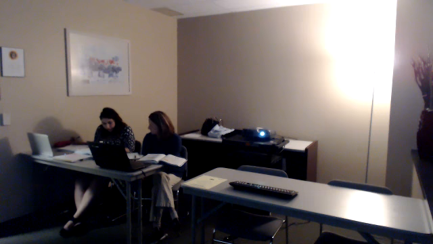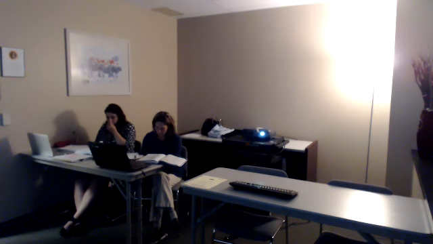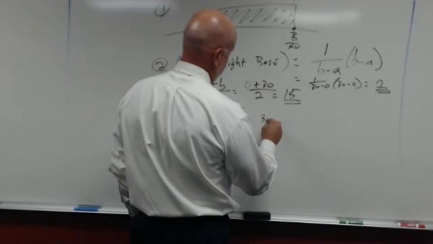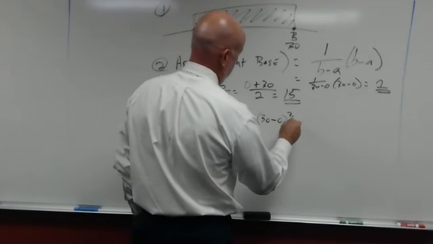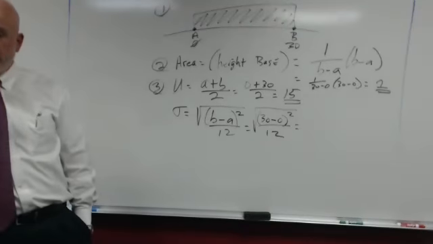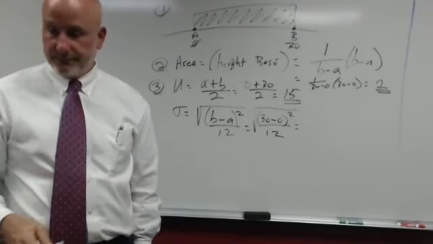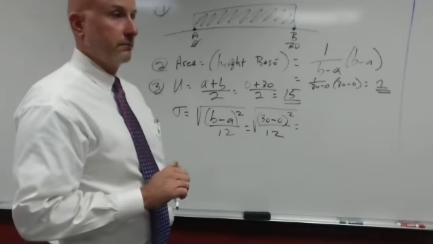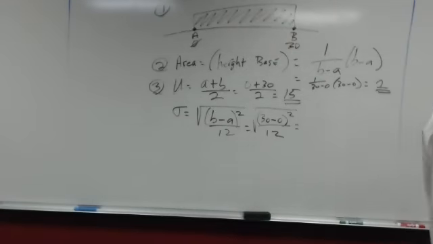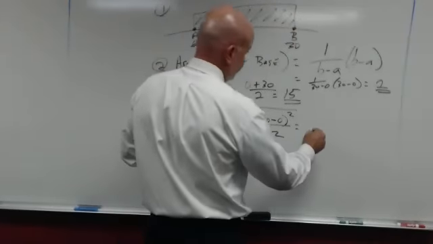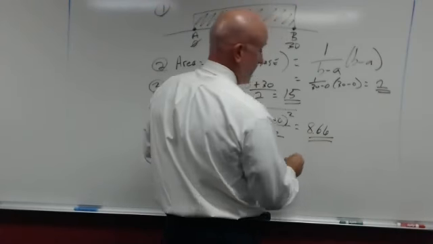Good question. All right, so plugging in for this formula: point B, 30 minus 0 squared divided by 12, and we're taking the square root of that. 8.66.